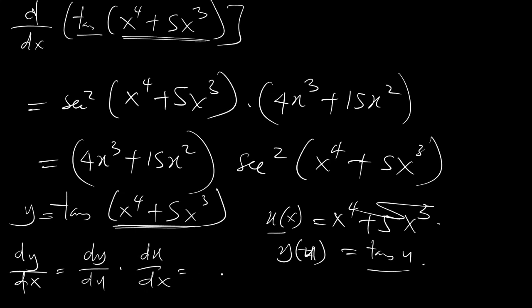Now differentiating y with respect to u, that is differentiating y with respect to this function, you have sec square u times, see the u remains the same, now times differentiating this with respect to x, which is this. So you now have 4x cubed plus 15x squared.